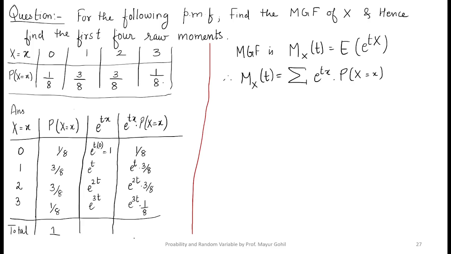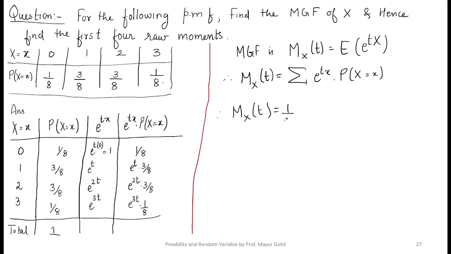So addition of all these things is my total. Let us add them up. Therefore Mx(t), I will not add it over here because it becomes very congested for writing. Mx(t) is the addition of all these values that we got.